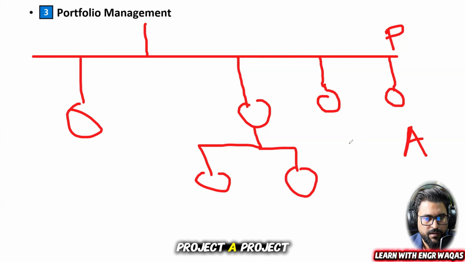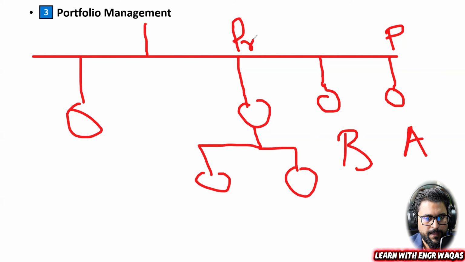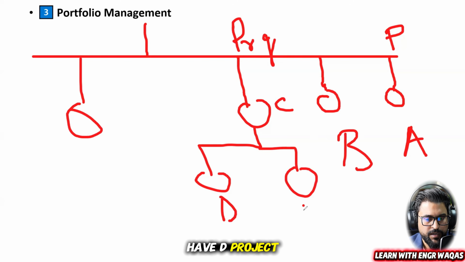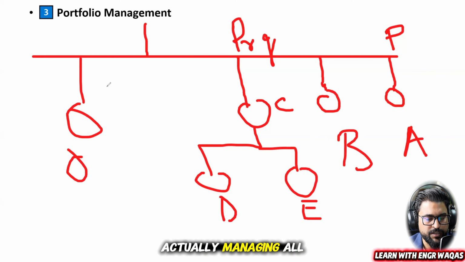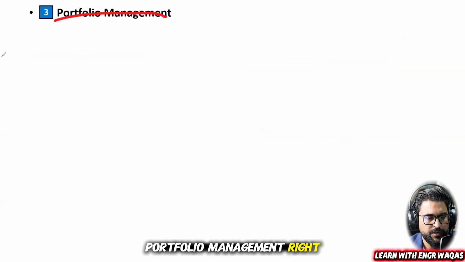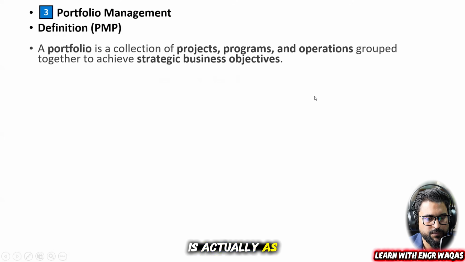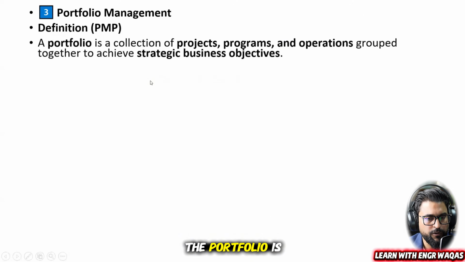Project A, project B, and this is a program. Under which you have this program C, under which you have D project, E project, and this is an operation. So you are managing all of them in a coordinated way, and that would be called portfolio management, right?